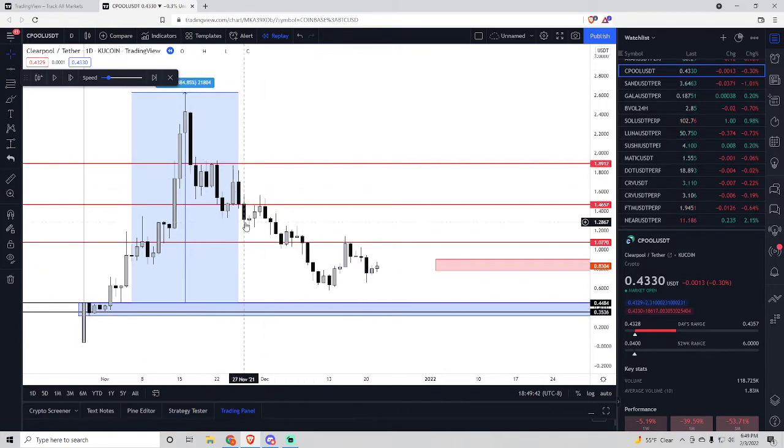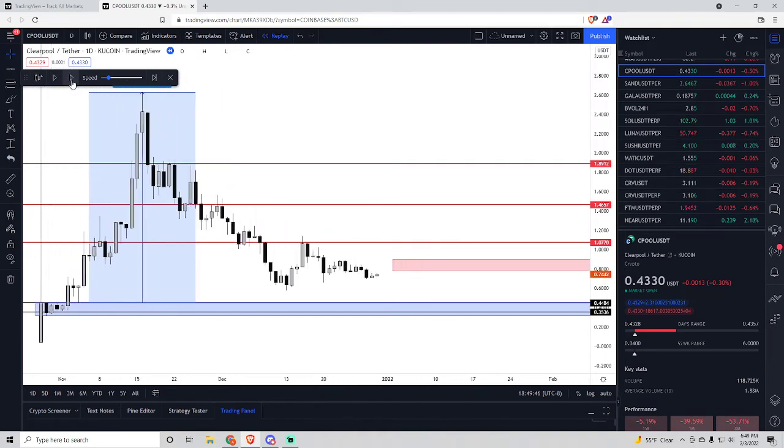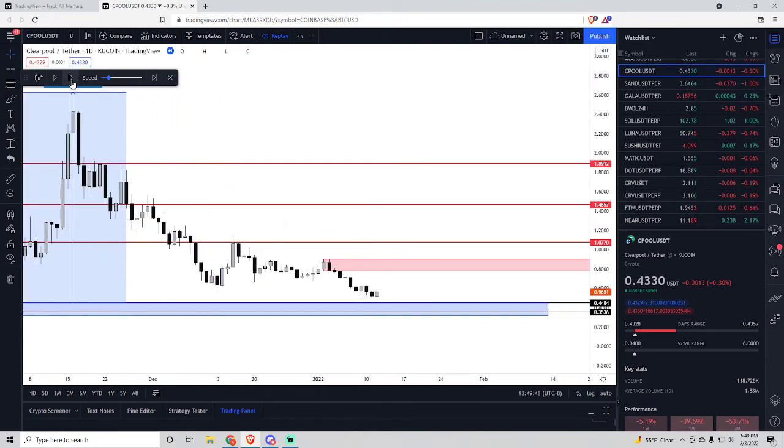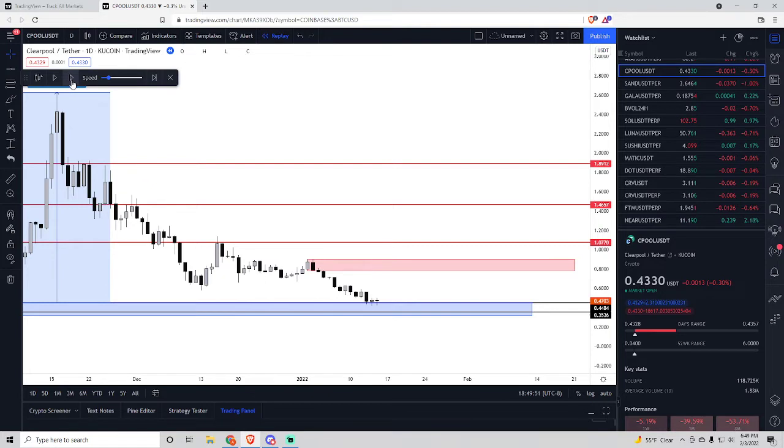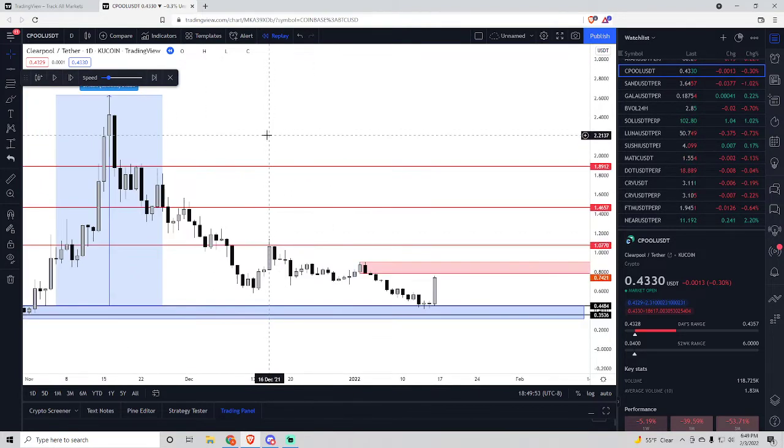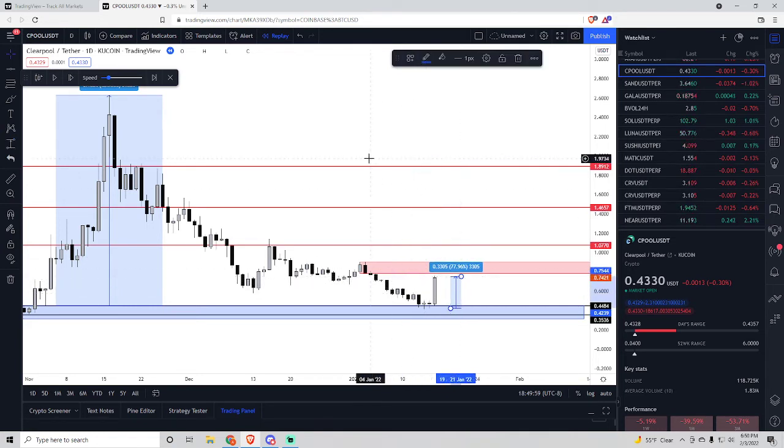So we haven't tapped the zone again. We'll keep going up. When do we touch it again? There. The zone was tapped again, and we got what? An 88% move. You better take profit when you have a 20 to 30% unleveraged move.